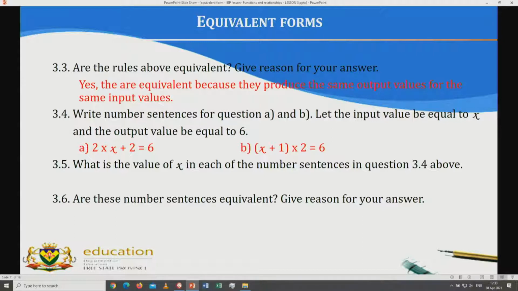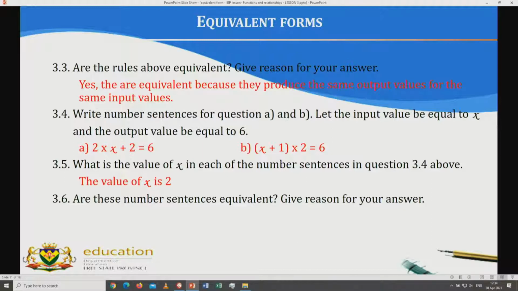Now, 3.5. What is the value of x in each of the number sentences in question 3.4 above? The value of x is 2. How did we get 2? We check our number sentence.